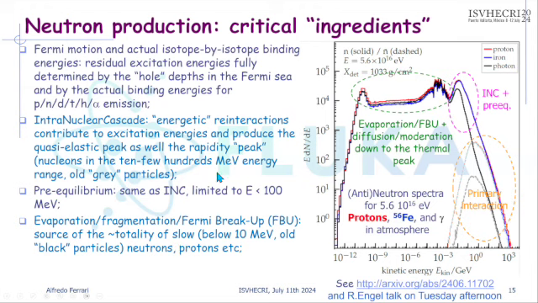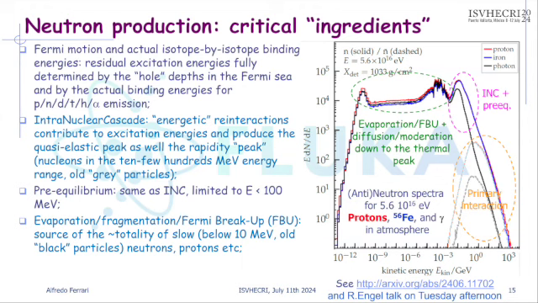And now let me try to convince you which of these ingredients are really critical for neutron predictions. First of all, Fermi motion and actual isotope by isotope binding energies. In a simplified nuclear description, the residual excitation that you leave inside your residual nucleus is fully determined by the depth of the hole that you have put in the Fermi sea.